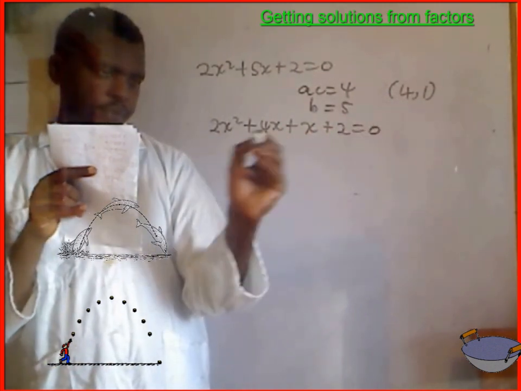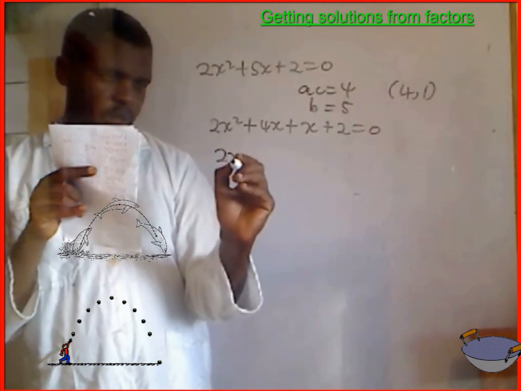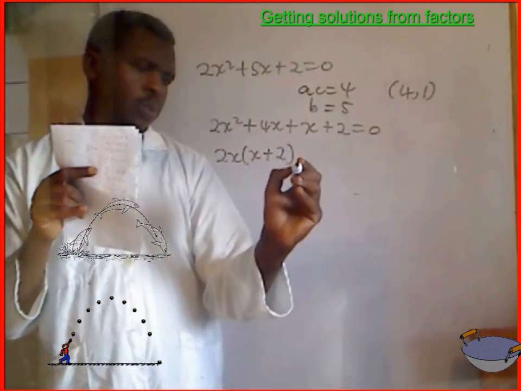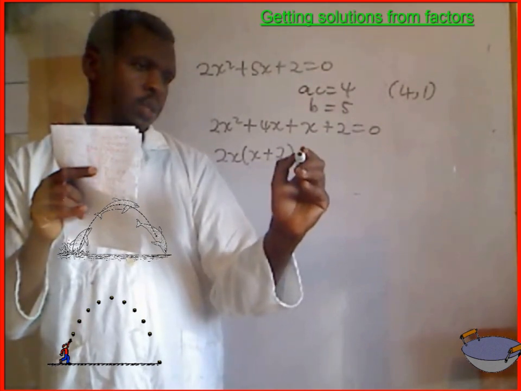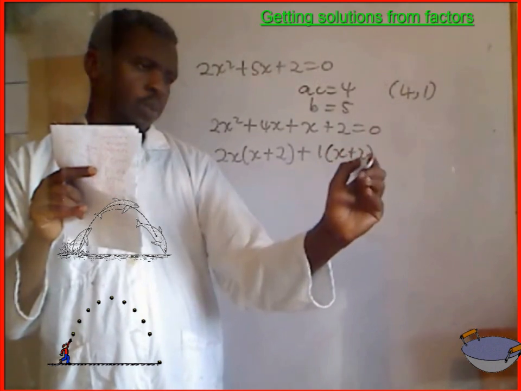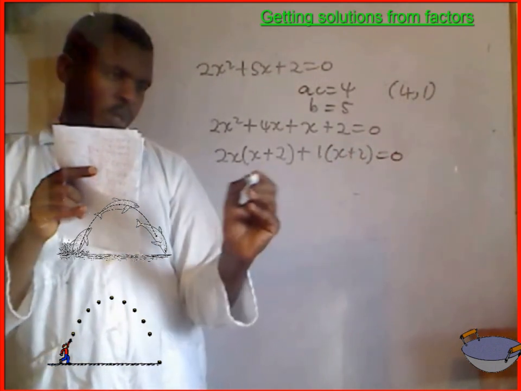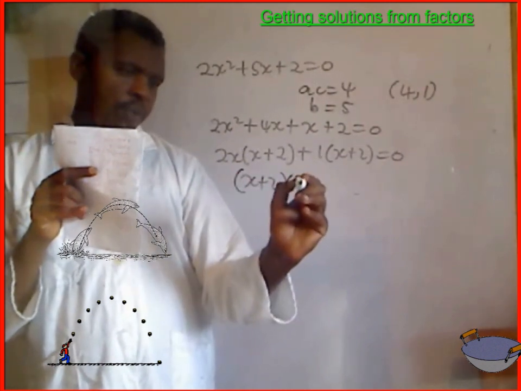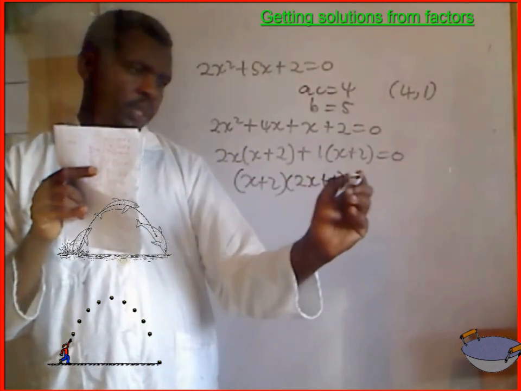What is common? 2x is common, x plus 2, plus, what is common there? 1. x plus 2 is equal to 0. x plus 2 factor of 2x plus 1 is equal to 0.